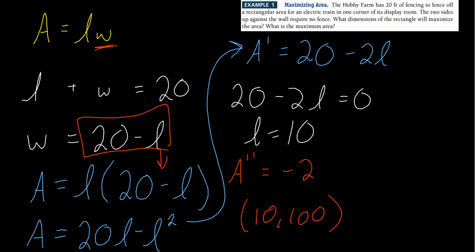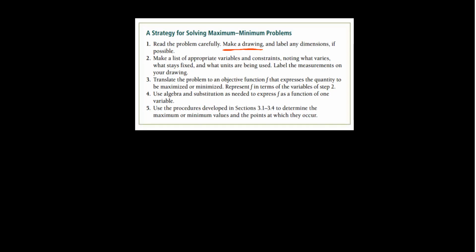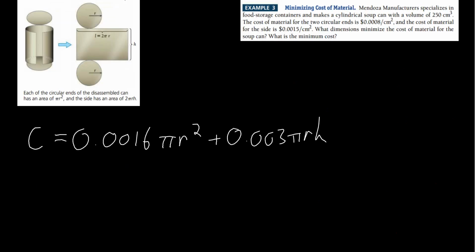So we're going to have to do that here as well, but we're going to have to introduce another equation. It's an equation that's needed for this particular problem, but we have to do it so we can substitute out either an R or an H. And that equation is going to be the volume of our can.